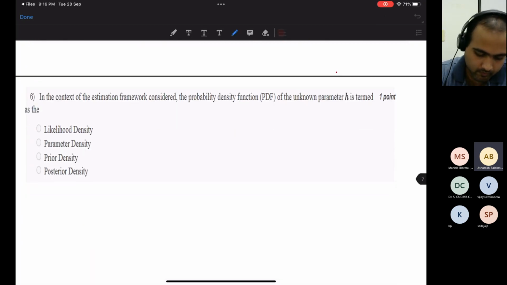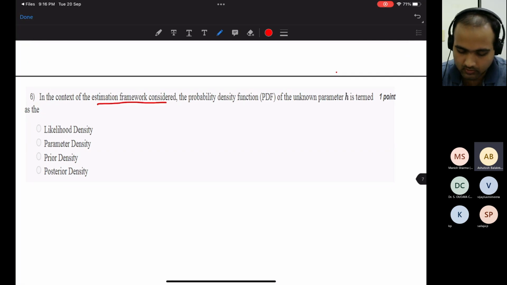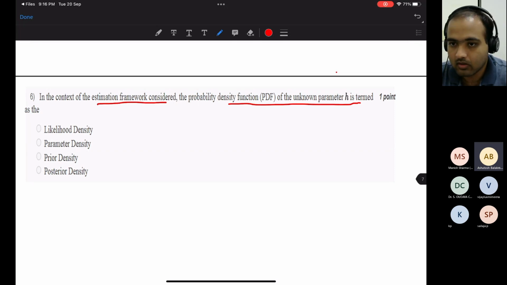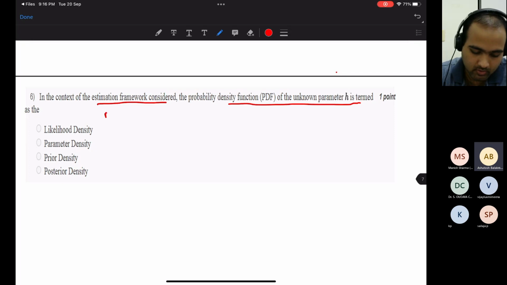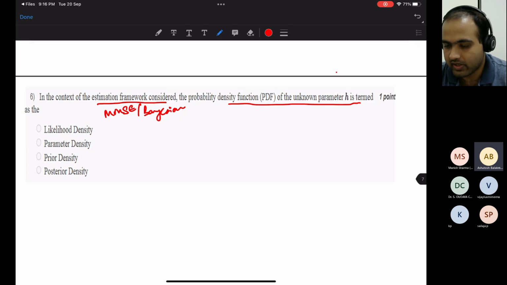Question 6. In the context of the estimation framework, the PDF of the unknown parameter h, what is it called? Anyone wants to answer? Feel free. They have asked the question for the MMSE or the Bayesian framework.